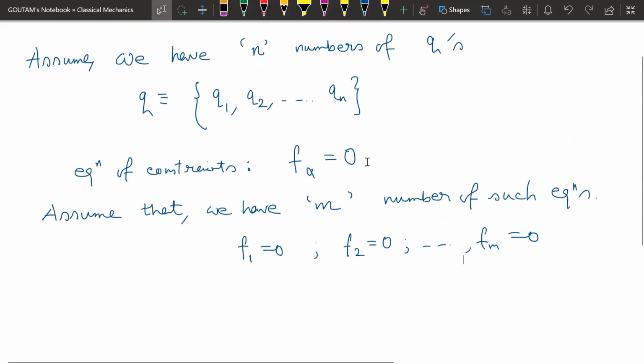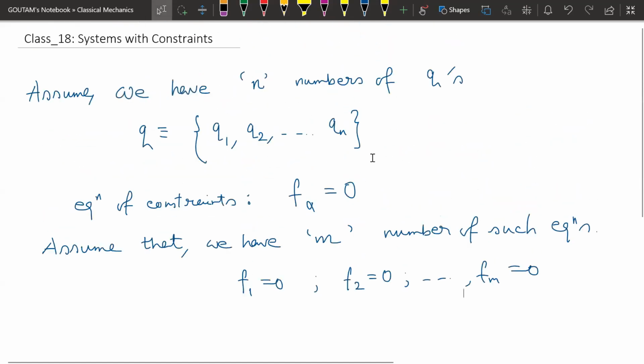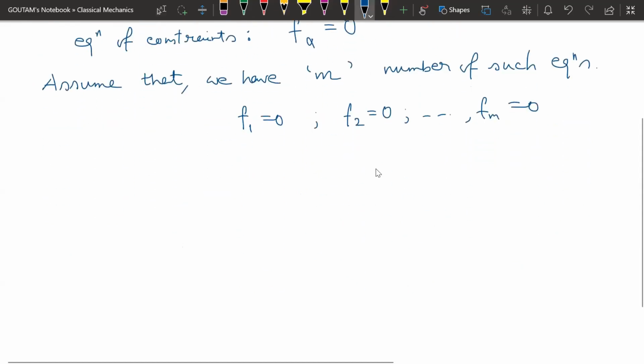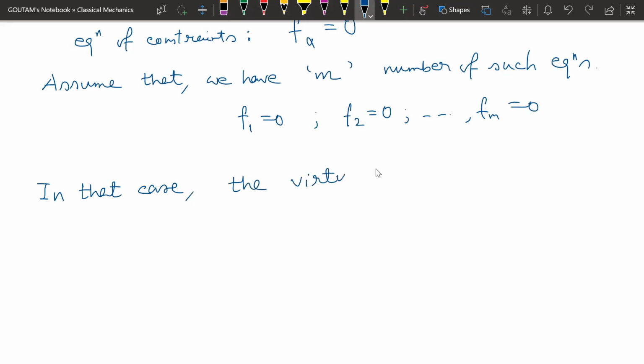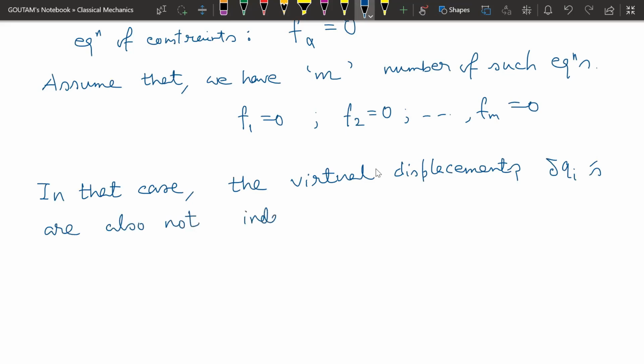So in that case, all these qi's are not independent. That means the virtual displacements delta qi's are also not independent.